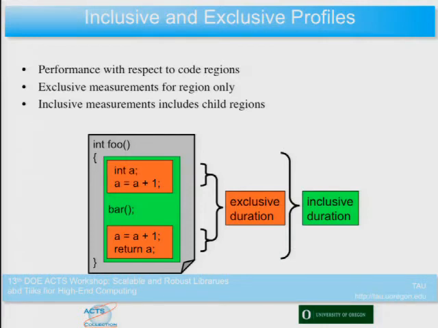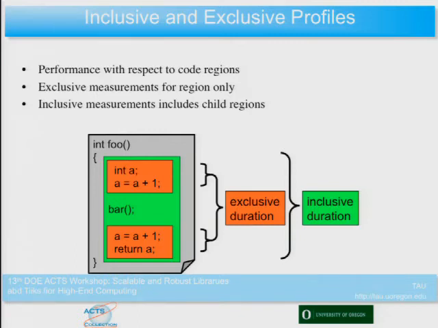So you can sort all the functions by exclusive time, see which function spent the most exclusive time, and then zoom in on that. If bar is not instrumented, then its contribution goes into the parent. So it's only for instrumented functions.